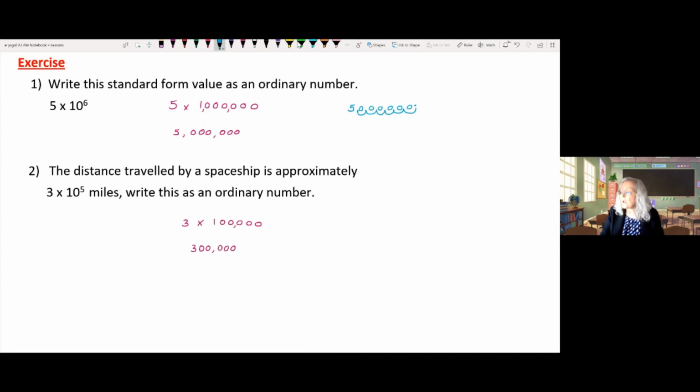Thinking about that the other way, I would start with 3 with my decimal point here, and I would have to move the numbers 5 times. So it would be 1, 2, 3, 4, 5 to here, and then I would fill in zeros here, and that's where that 300,000 comes from.